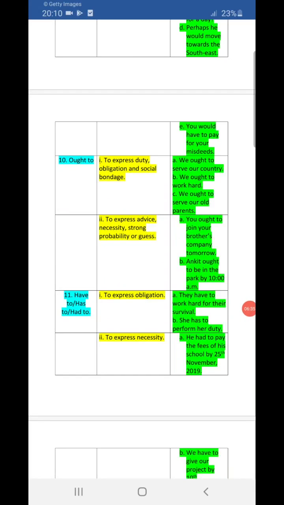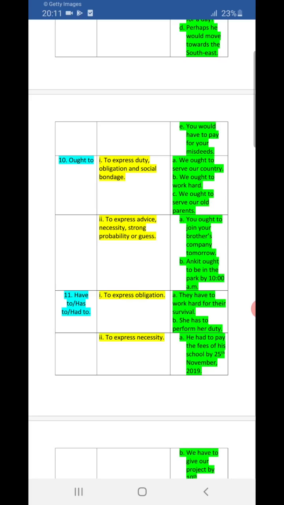Number 10. Ought to. To express duty, obligation, and social bondage. Example number A. We ought to serve our country. So it's a duty. Next one, number B. We ought to work hard.